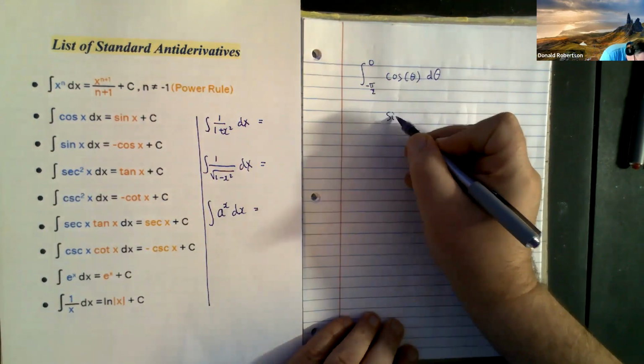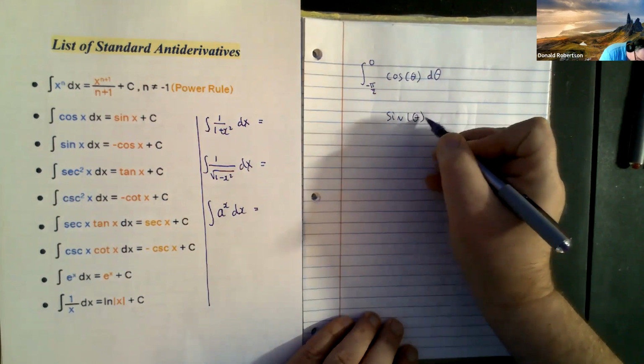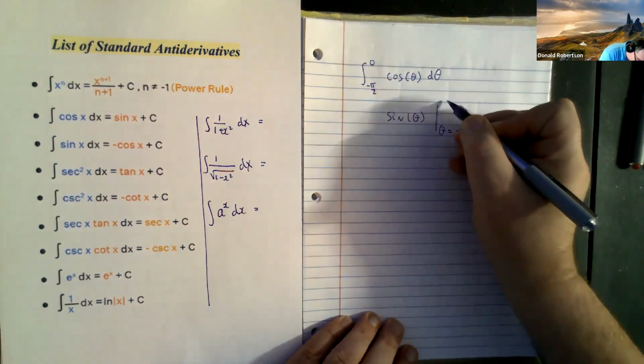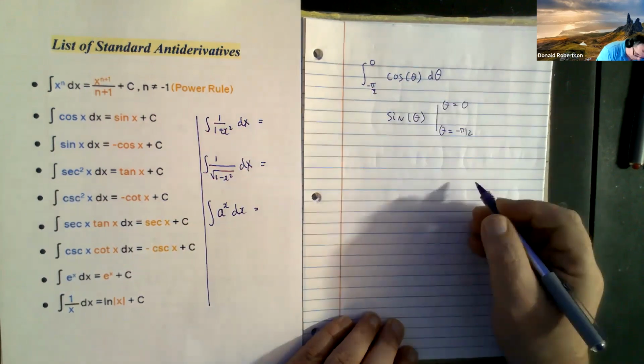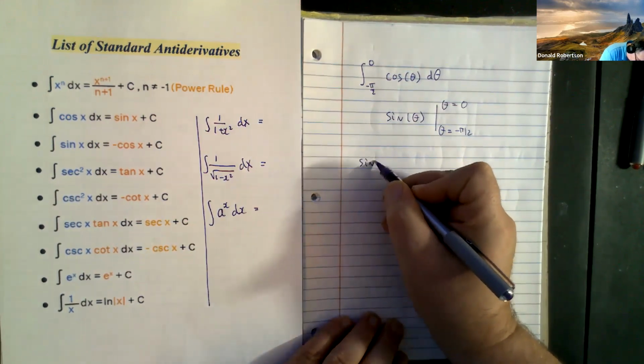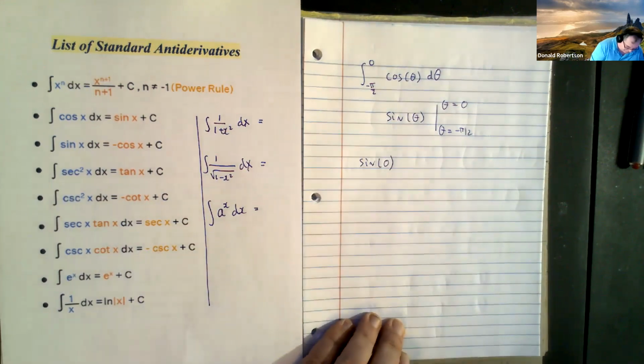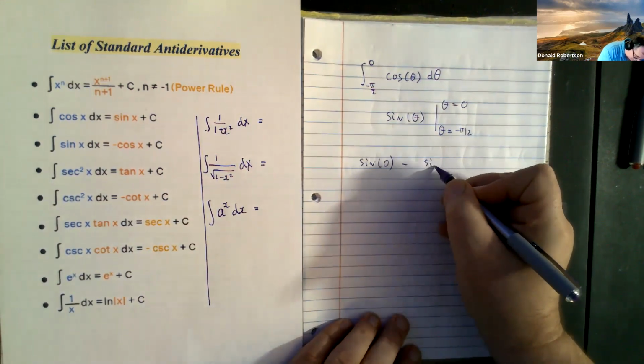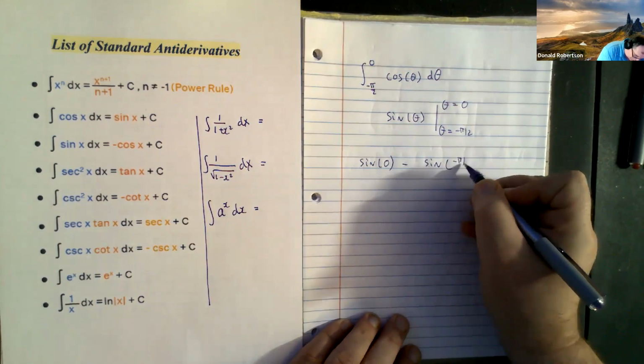So it's going to be sine theta, so not power rule. And theta goes from negative pi upon 2 to 0, which means we're going to have to find the exact value for the sine of 0, take away the exact value for sine of negative pi upon 2.